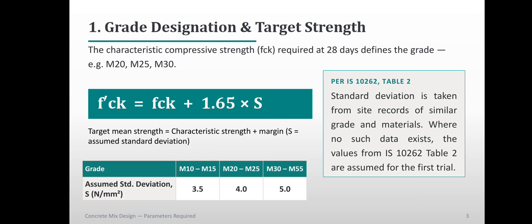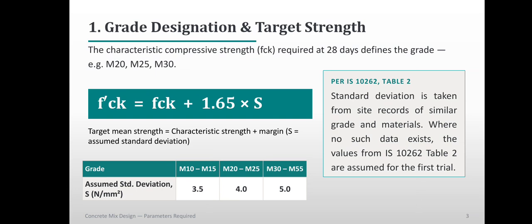It is taken from the site records of similar grade and materials. Where no such data is available, then we can refer to IS 10262 Table 2 for the standard deviation. This ensures that most concrete produced on the site achieves at least the specified characteristic strength.